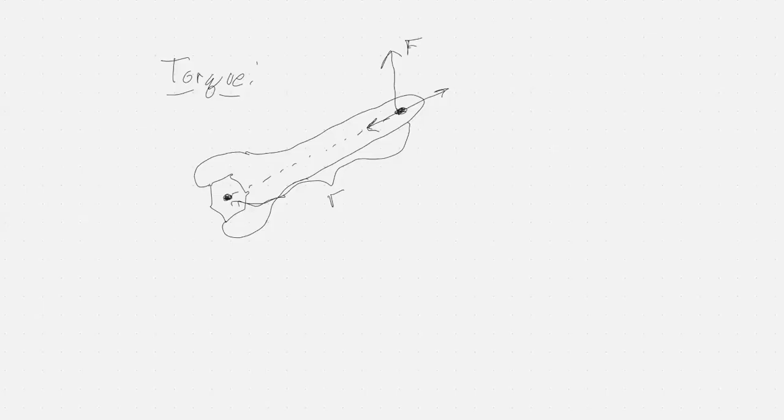So only the component of your force perpendicular to that radial line counts in terms of producing torque. So putting this all together, we have this new thing called torque, and it's equal to the size of a force applied perpendicular to the radial line multiplied by the radial distance.